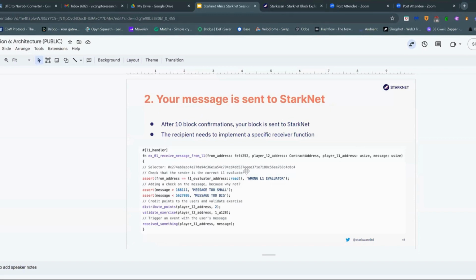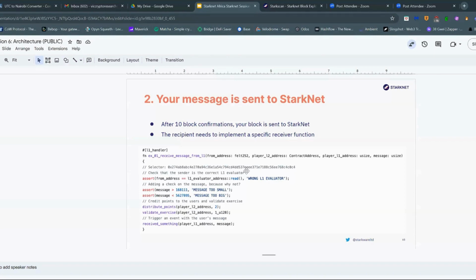Yeah, it takes a while, like 10 block confirmations for your block to be sent to Starknet. And the recipient, which is the address which you are calling, which is part of the argument parameters of the function, needs to implement a specific receiver function. So it's like a callback function, which should be available in the recipient address.